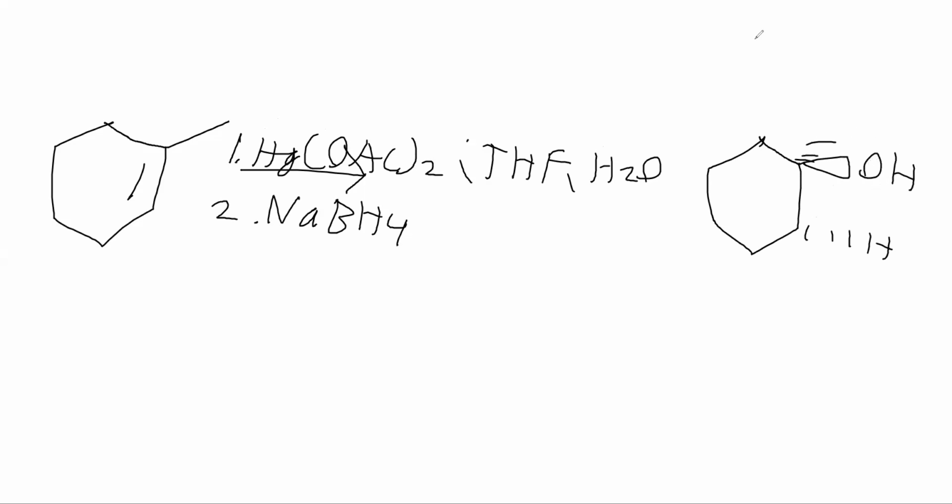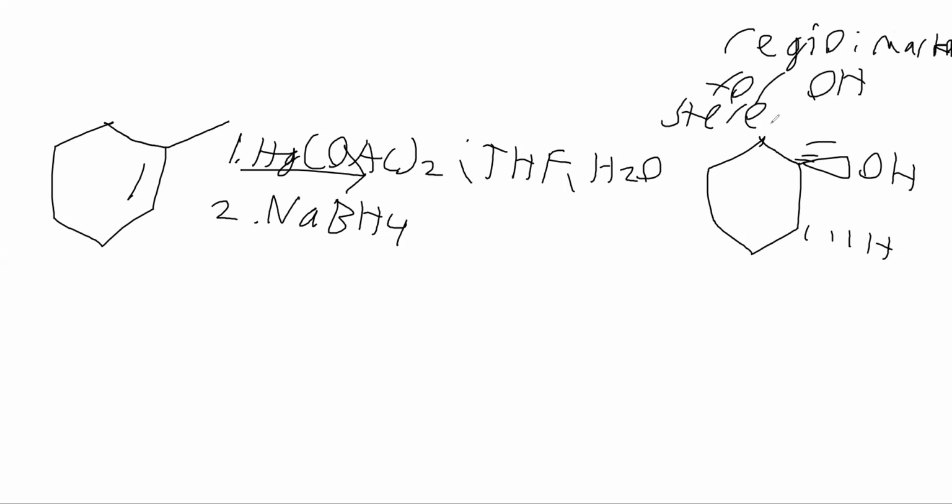So it leads to the Markovnikov addition of the alcohol. So Markovnikov for OH. And then the stereoselectivity is anti because the OH and the H are added opposite to each other.